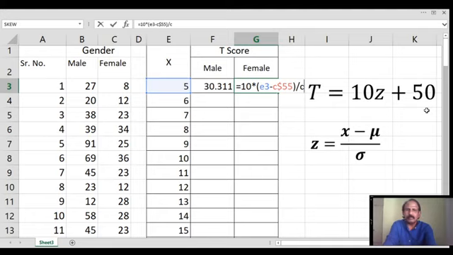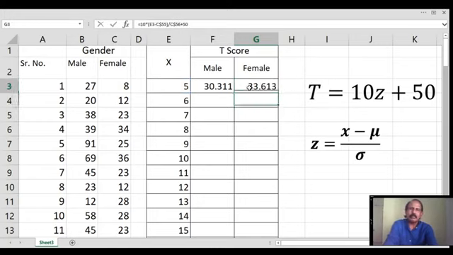So we have to freeze the cell address of the standard deviation of female. For that we write a dollar sign before 56. Now the result of this entire expression will be obtained, and to this result we have to add 50 according to the statistical formula. So we put a plus sign, then we write 50, and then we press the enter key.